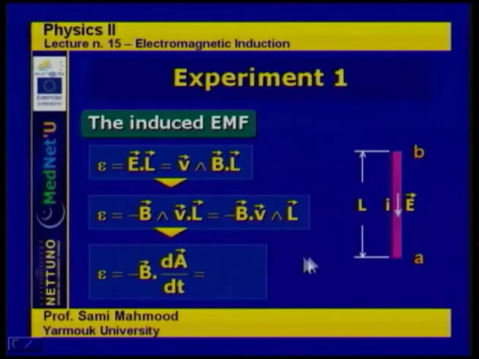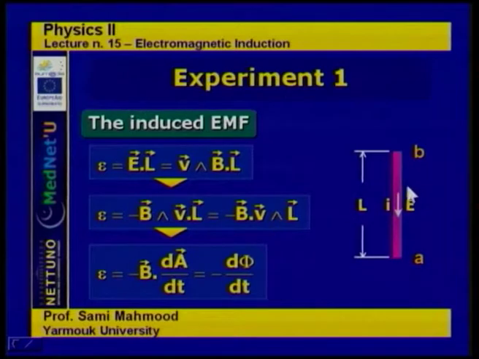So this gives epsilon is equal to minus B times dx by dt cross L. Dx cross L is the area that is made by the motion. It's the distance in the direction of motion times the length, with the cross product giving sine 90 degrees in between.